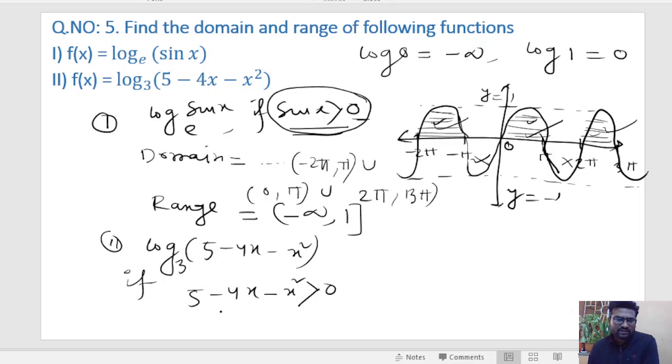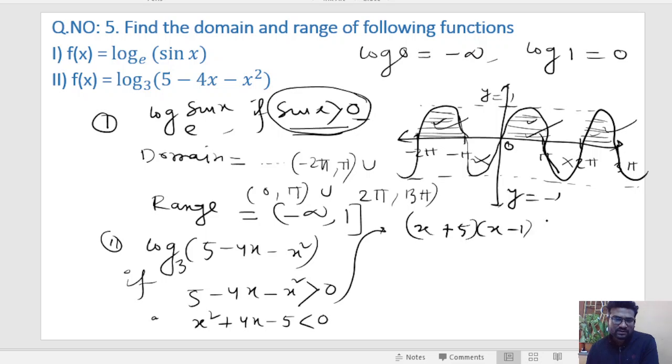So we can split the middle term: x square plus 4x minus 5 less than 0, and this is x plus 5 and x minus 1 less than 0.